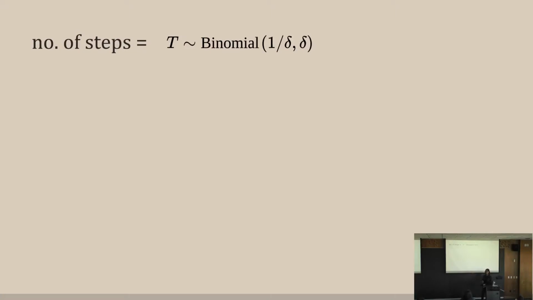Okay, so if we take the 1 over delta steps random walk, then the total number of steps that we end up taking is a binomial distribution on delta. And if we take delta to 0, it's a fact that this converges to the Poisson distribution.